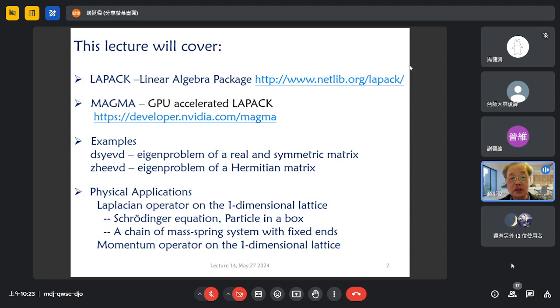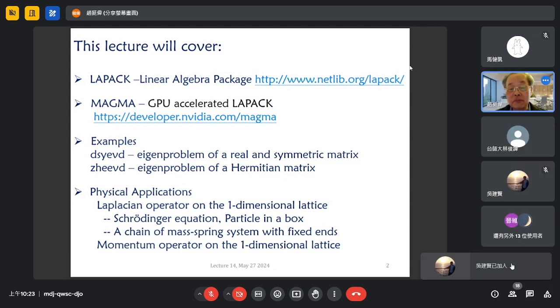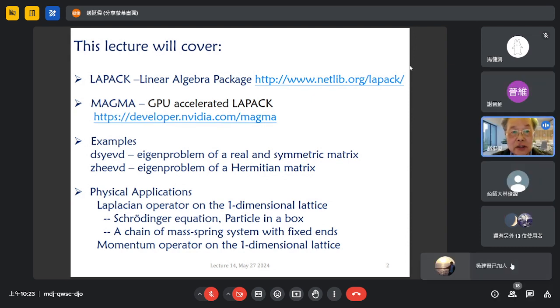But for sparse matrices, we cannot use LAPACK to solve the eigenproblem or to obtain the solution of a very large set of equations. So LAPACK is mostly addressed to dense matrices.